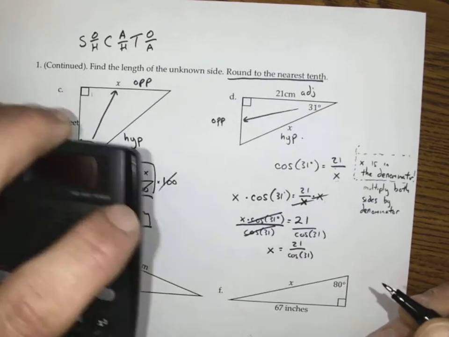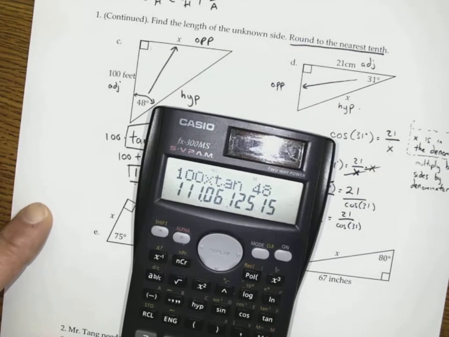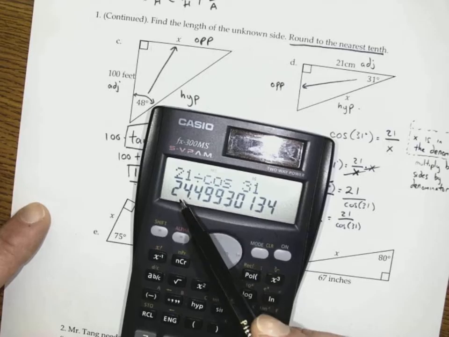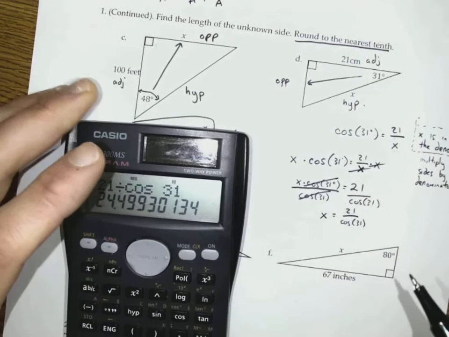Okay, I don't know what that is, so that's why I have a calculator. So 21 divided by cosine 31, what does that give me? It's going to be 24.4993 and so on.